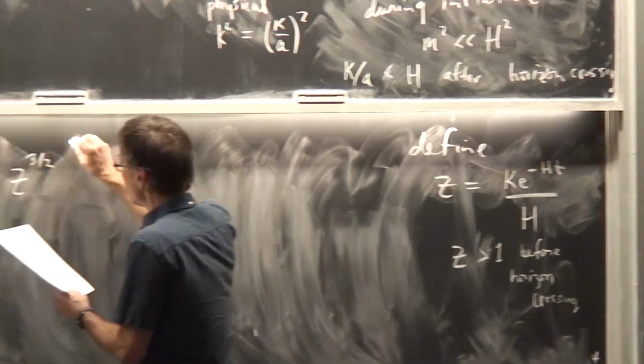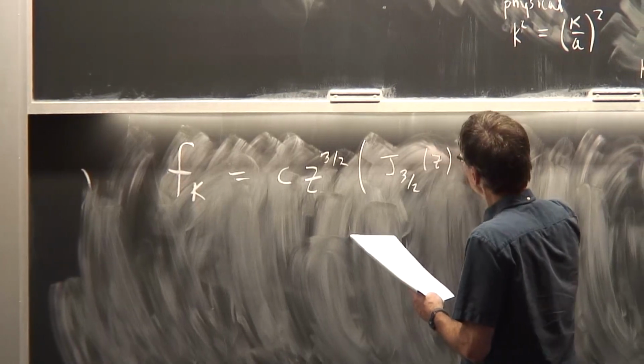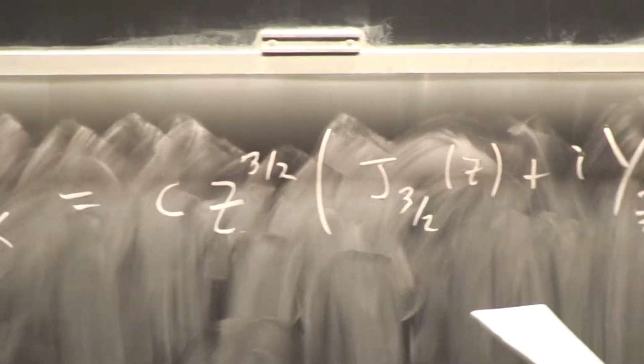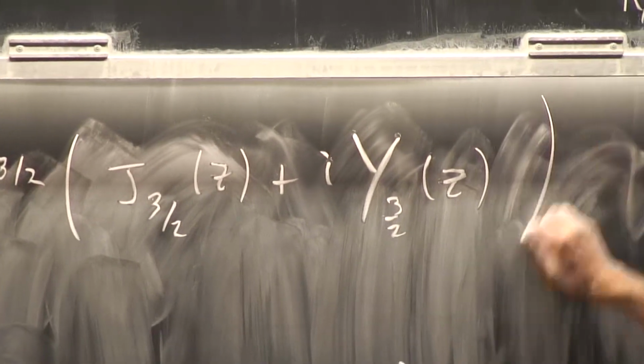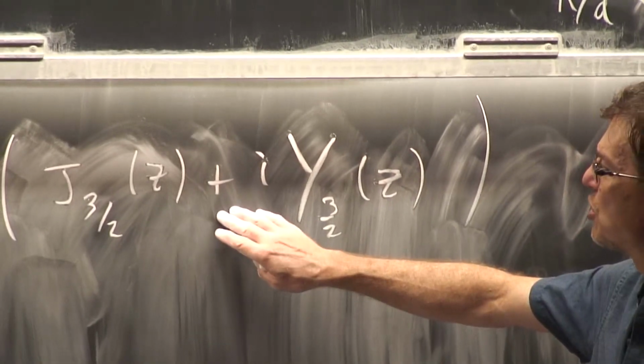It turns out it's J 3/2 plus i Y 3/2 of z. And there are two linear combinations you can choose.